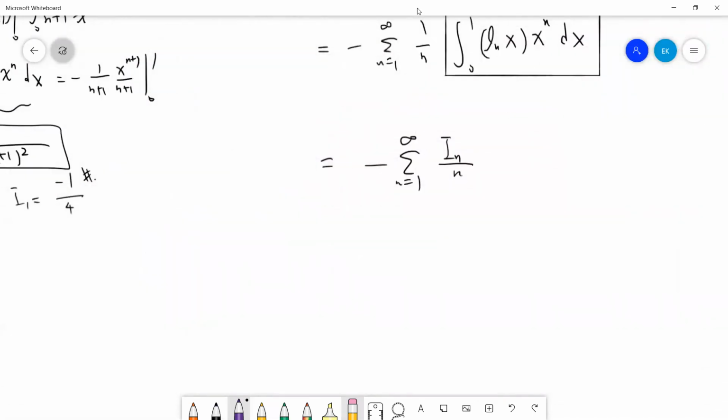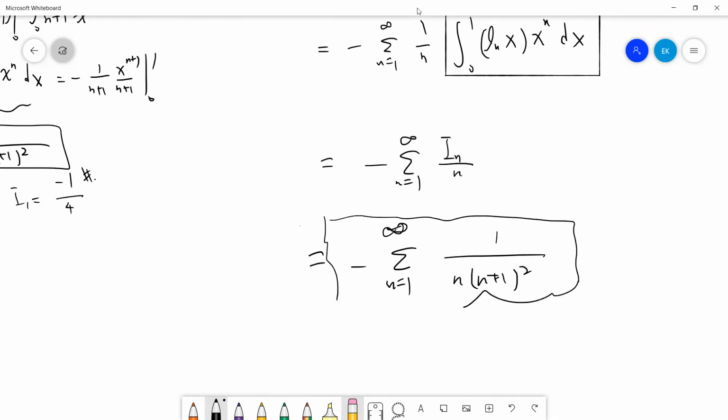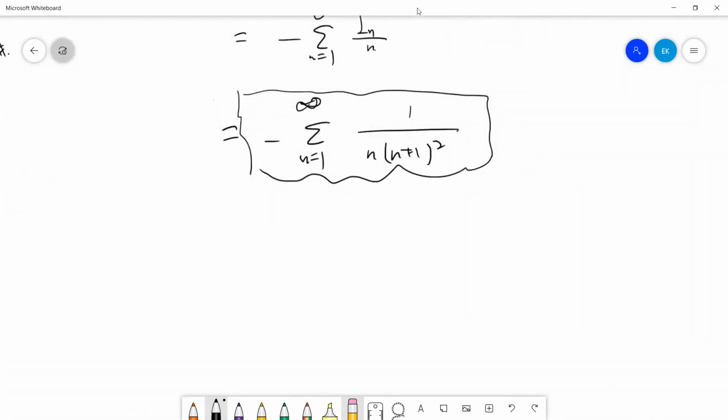So let's go back to the original sum. From here we can write the sum from n equals 1 to infinity of 1 over n times (n plus 1) squared. So the question is, what is this? You need to write this 1 over n times (n plus 1) squared a bit carefully.